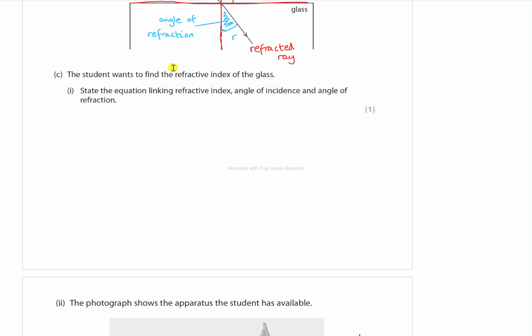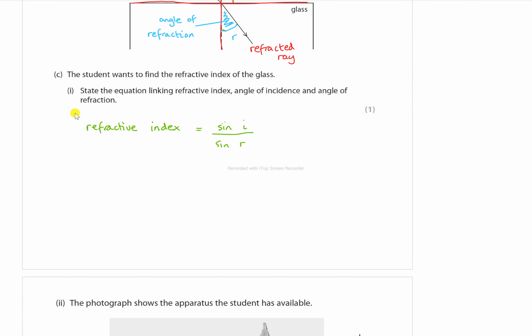Right, the student wants to find the refractive index. State the equation linking refractive index, angle of incidence, and angle of refraction. Right, okay. I think we've done this in another video, but this might be slightly better for us. Remember, if you want to do well, it's best to have this in your head or be familiar with it: the sine of the angle of incidence divided by the sine of the angle of refraction.